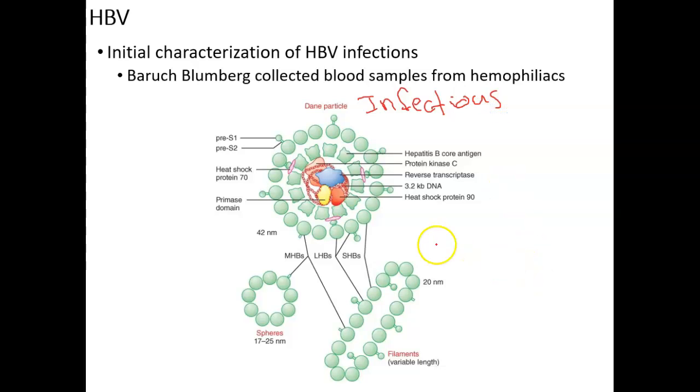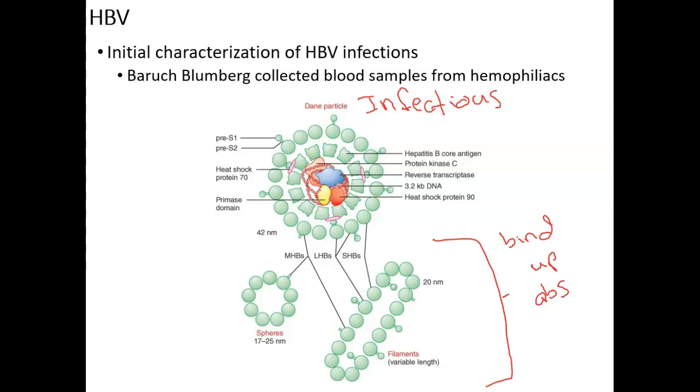And then we've got these two other forms, and their exact function, we kind of guess at. We think that these work to bind up immune proteins and antibodies and so forth. So if these act as decoys for antibodies and so forth, then the infectious particles can get where they need to go.